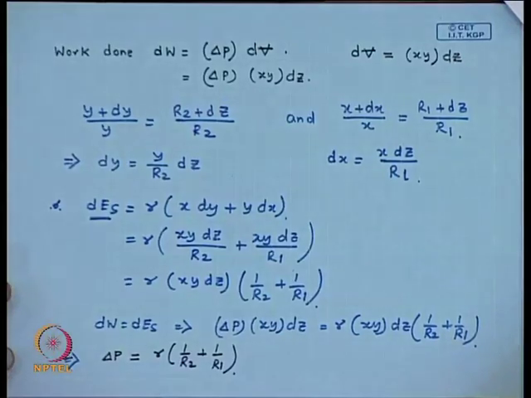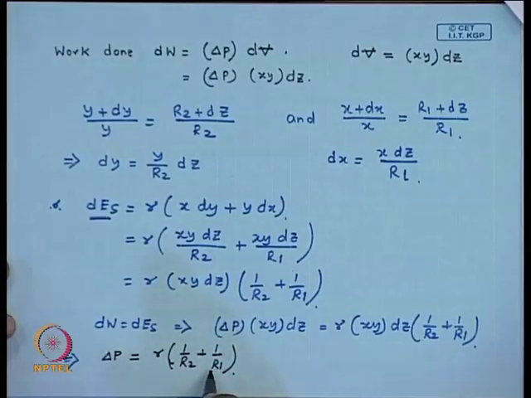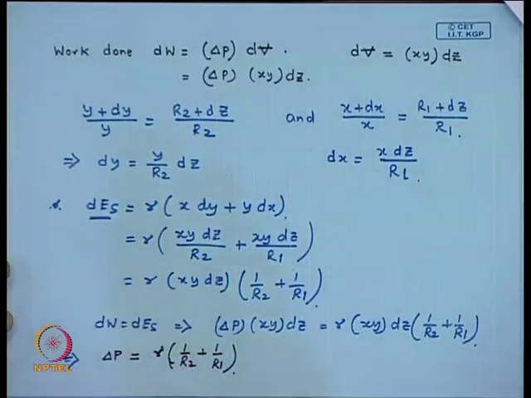So, you see the pressure difference across the interface of any arbitrarily curved surface, which can be represented with the two orthogonal curvatures r1 and r2, can be obtained in terms of the respective radii of curvature, and is multiplied by the surface tension.